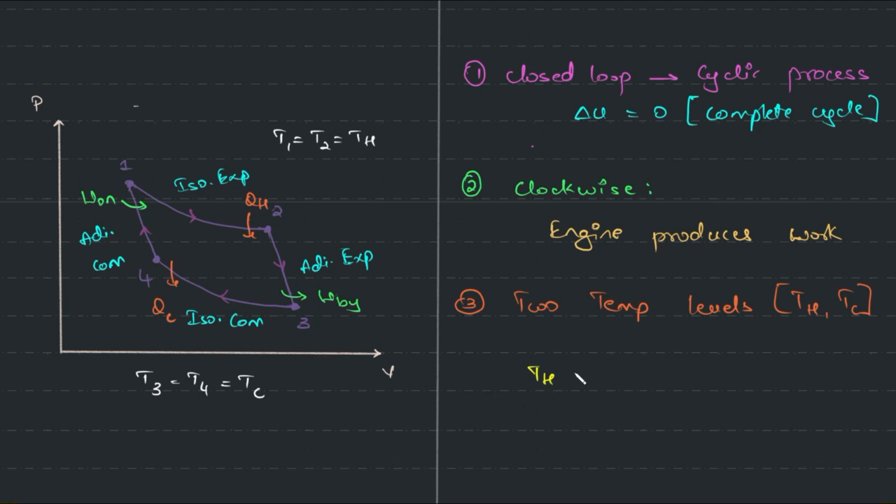So that is one more thing that we can be clear with. Okay, what else can we talk about? So the isothermal processes run between those two reservoirs, while the adiabatic processes help in jumping from one reservoir temperature to the other.